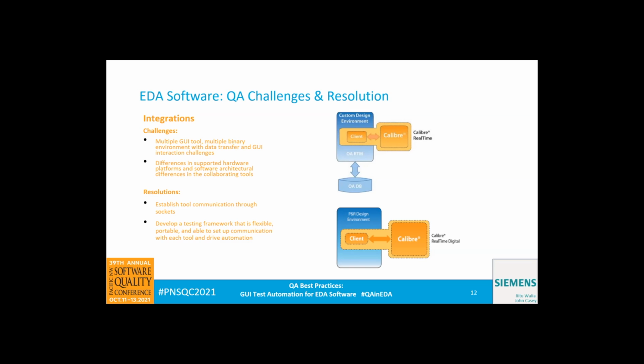Well, today, that's been done in an automated fashion for quite some time. Today's EDA software environment is really a complex set of graphical tools and non-graphical tools. These tools interact with one another and inherit data from one another in a pretty complex design flow. Also, the tools involved in the design flow can be from different vendors who specialize in those tools.